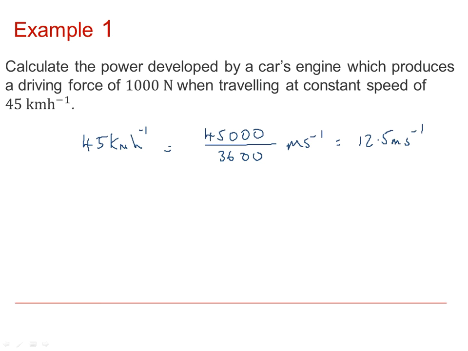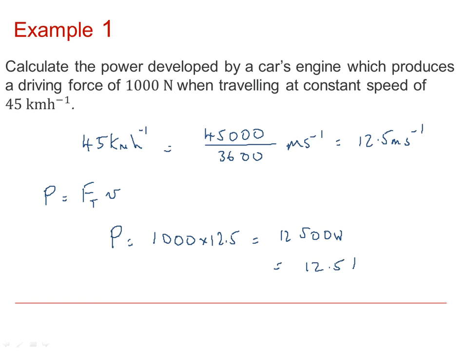And so using our formula, P is equal to the tractive force Ft multiplied by V, we get that P is equal to the tractive force 1000 multiplied by 12.5, which is 12,500 watts or 12.5 kilowatts.